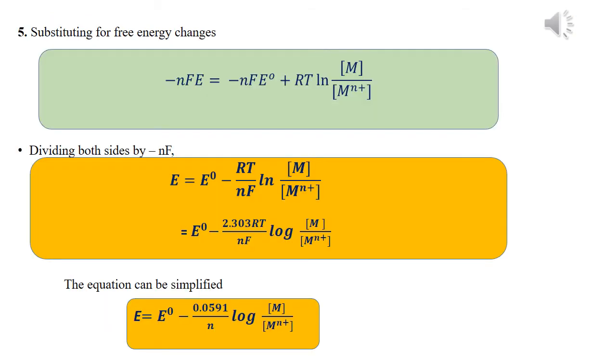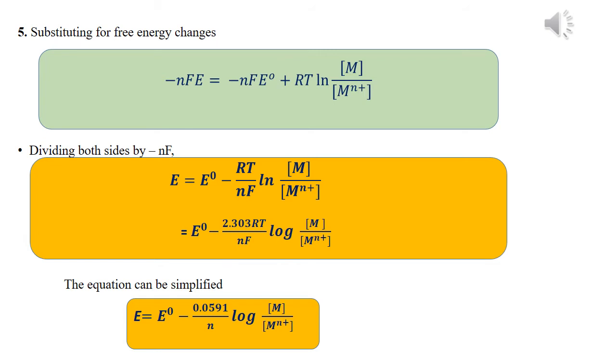Substituting the values delta G equal to minus nFE and delta G0 equal to minus nFE0 in Van't Hoff isotherm, we will get the equation as minus nFE equal to minus nFE0 plus RT ln [M]/[M^n+].